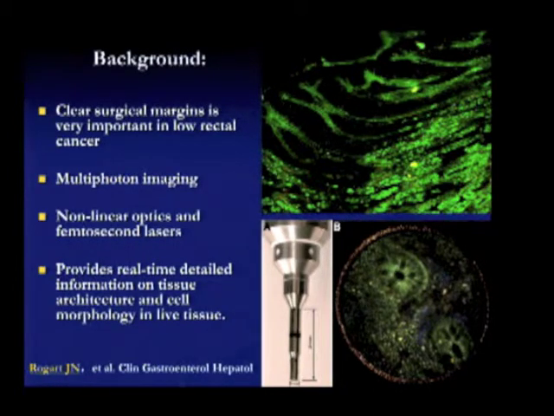Multiphoton imaging based on nonlinear optical and femtosecond lasers has provided real-time detailed information on tissue architecture and cell morphology in live tissue. This picture is what I did using multiphoton imaging to show stomach tissue from mucosa to submucosa.